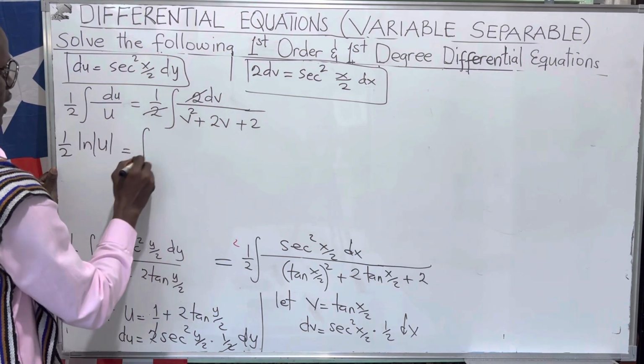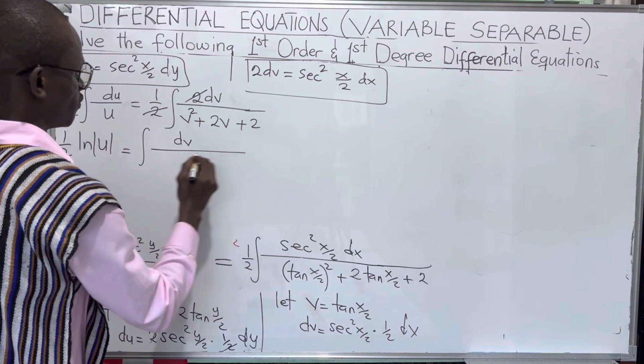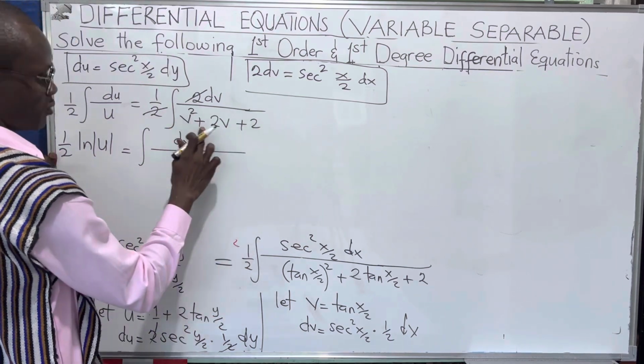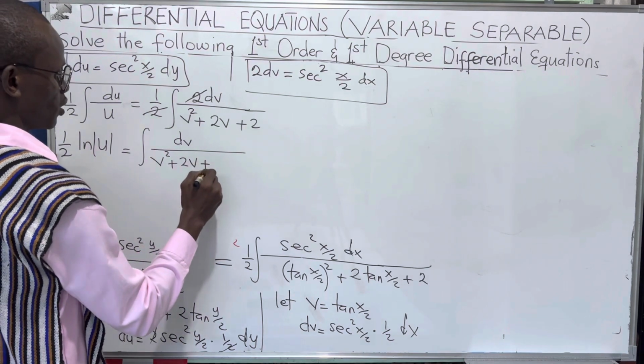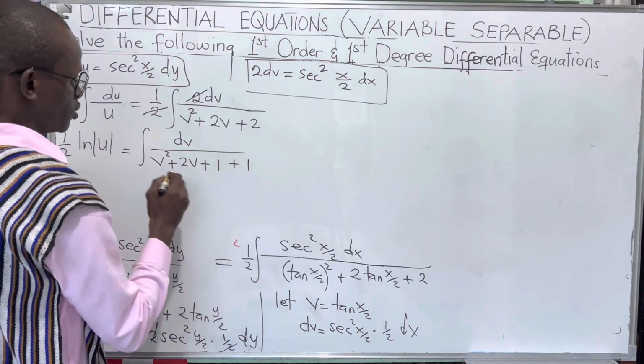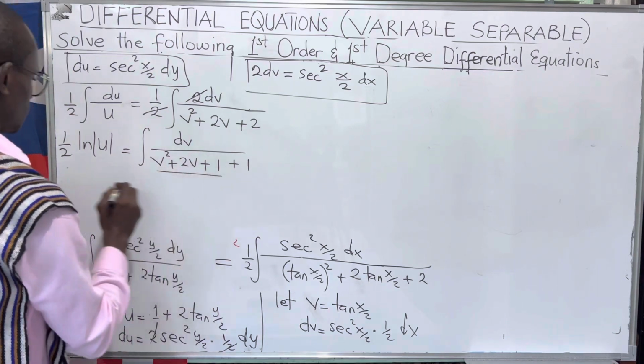For this side now we have dv all over, and we can open this up so that we can factorize it. We know that v squared plus 2v plus 1 plus 1, so you see you can factorize this now.